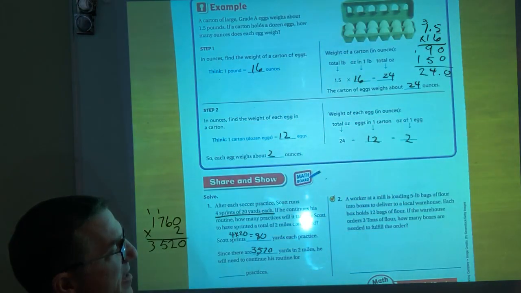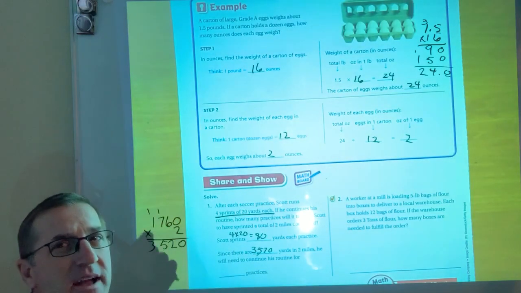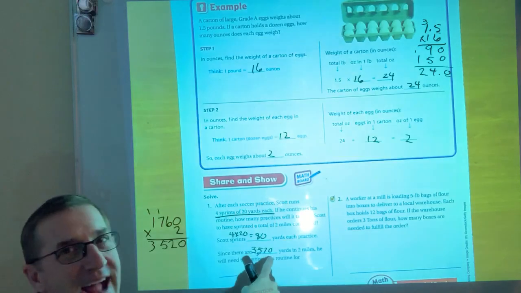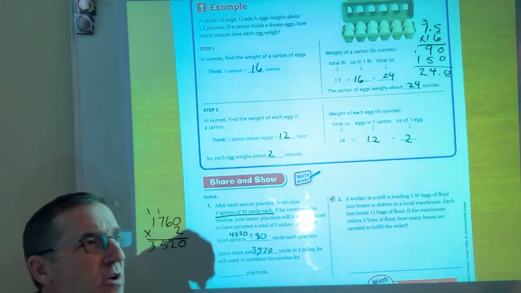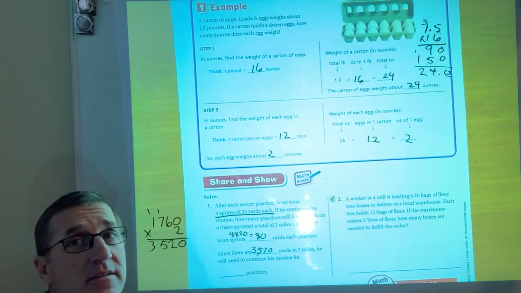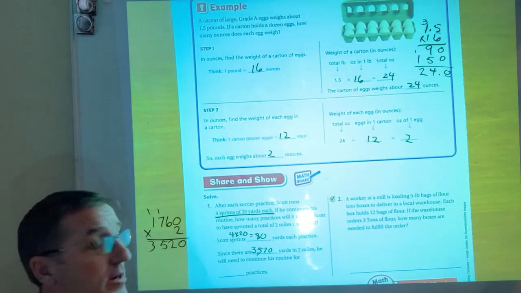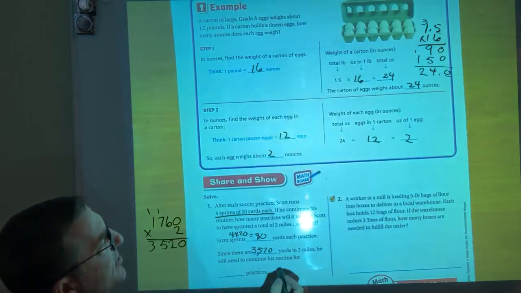And so in order for me to figure out how many, what operation am I going to use? I'm going to repeatedly run 80 and subtract it from that total until I know. So I'm going to repeatedly subtract 80. And if I'm repeatedly subtracting, what operation is repeated subtraction? It's division, right? I'm making something smaller. So I'm going to take 3,520.